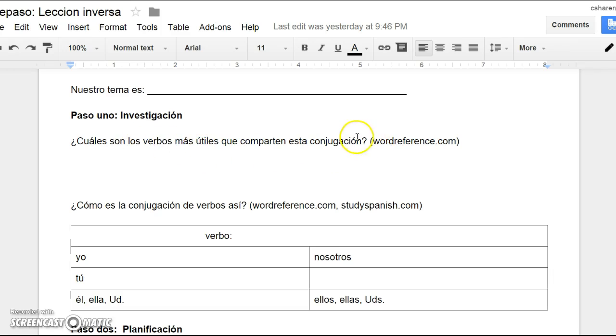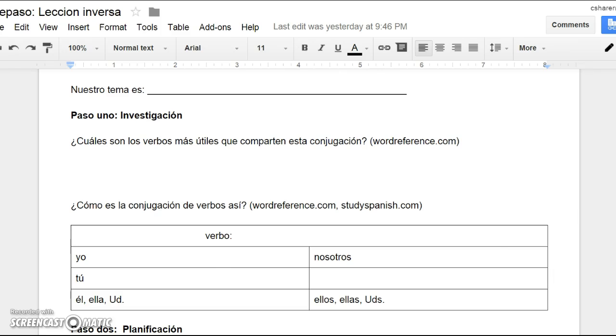What you can do is go to wordreference.com, and I'm going to show you where you can find this information. I am going to model this with the verbs that have accents in the present tense. You may not know that there are verbs that, when you conjugate them, must have accents in the present tense. I happen to know that the verb espiar, which means to spy, has an accent in the conjugation.